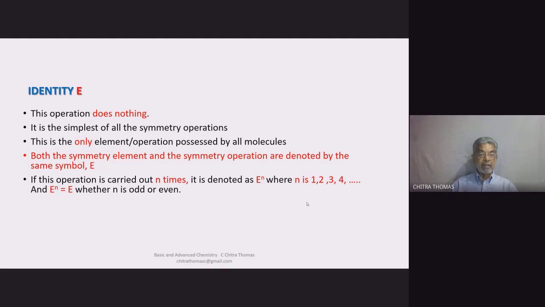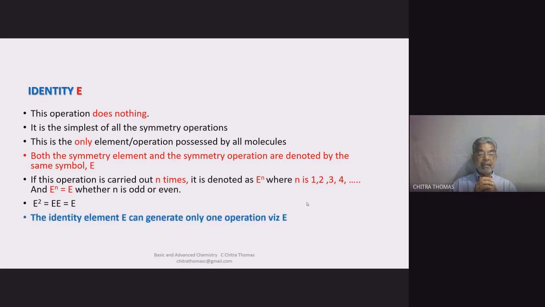If this operation is carried out n times, it is denoted as E to the power n, where n is 1, 2, 3, 4, etc. And E to the power n is E, whether n is odd or even. Then E to the power 2 is E performed 2 times, E and E, which is identity.